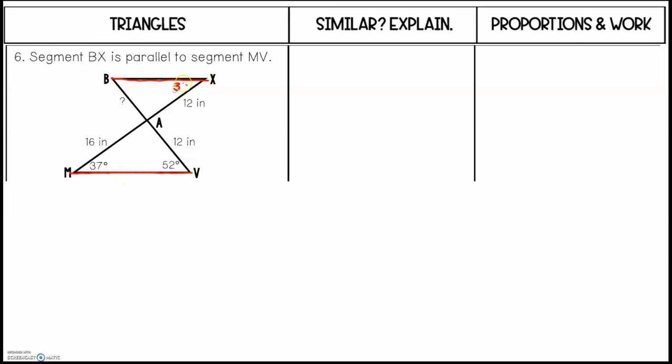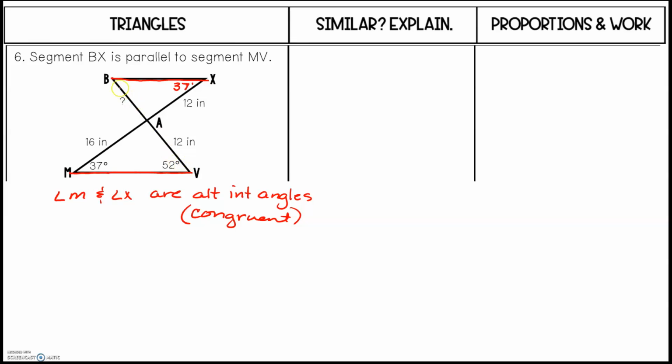So this one has to be 37 degrees. Okay, so angle M and angle X are alternating interior angles. So by definition, they are congruent, have the same measure.